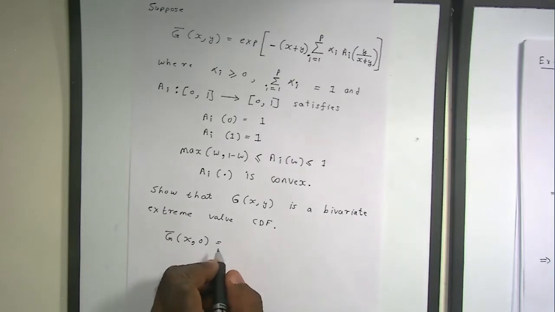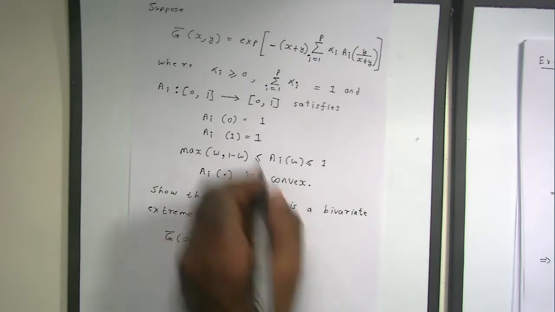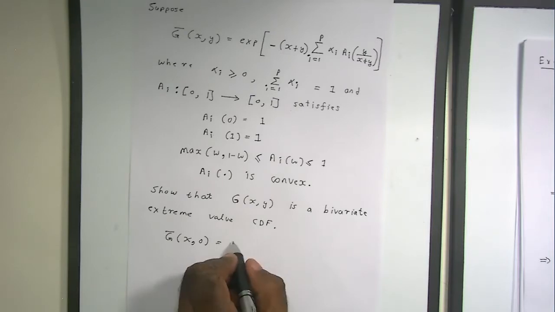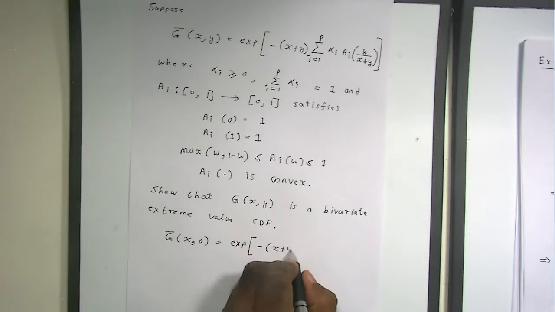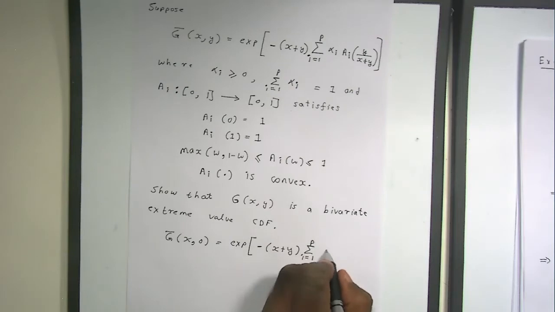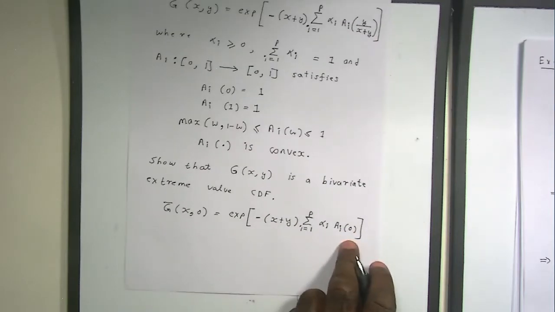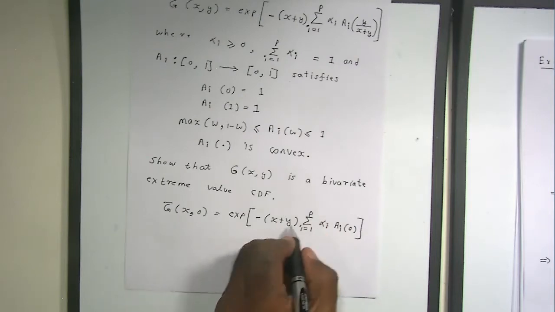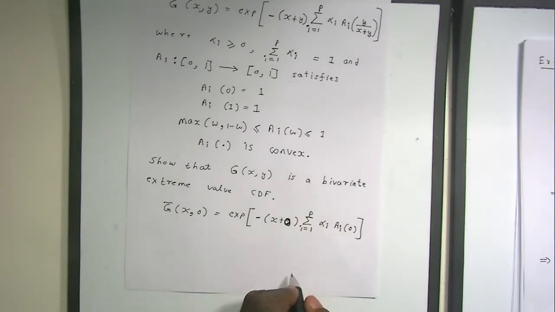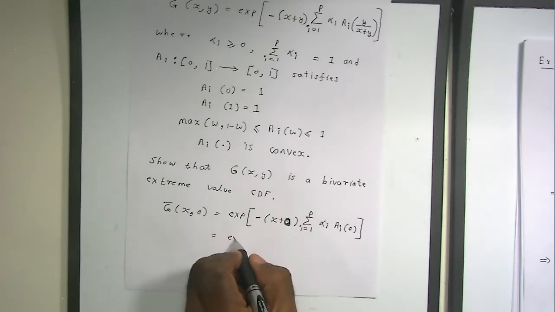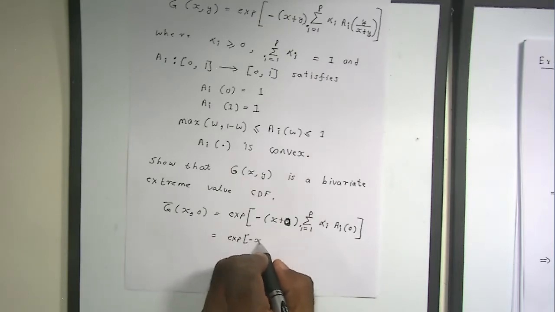If you put y equal to 0, it's easy to see, using these properties, that AI at 0 is 1, and the sum of alpha is 1, and y is also 0. So this becomes exponential of minus x.